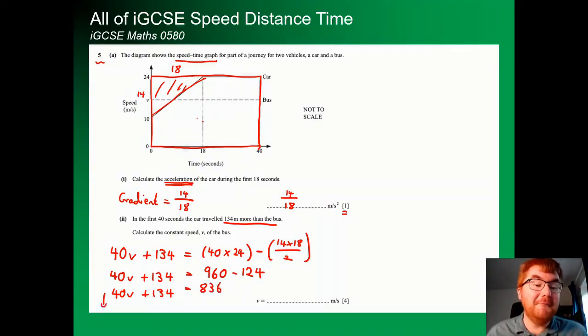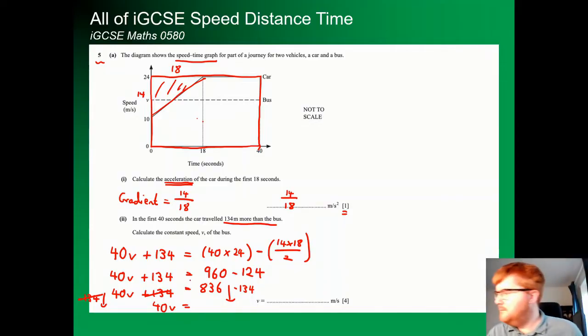Hopefully you're now in comfortable territory. It's a nice two-step equation, very, very good. Then we've got a plus 134, so the opposite of that is minus 134 on both sides. This cancels, this gives us 40v, and then 836 minus 134 is equal to 702.